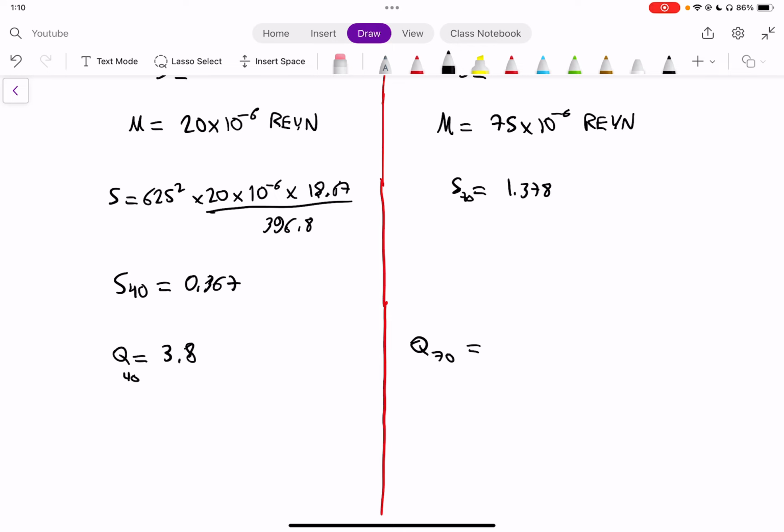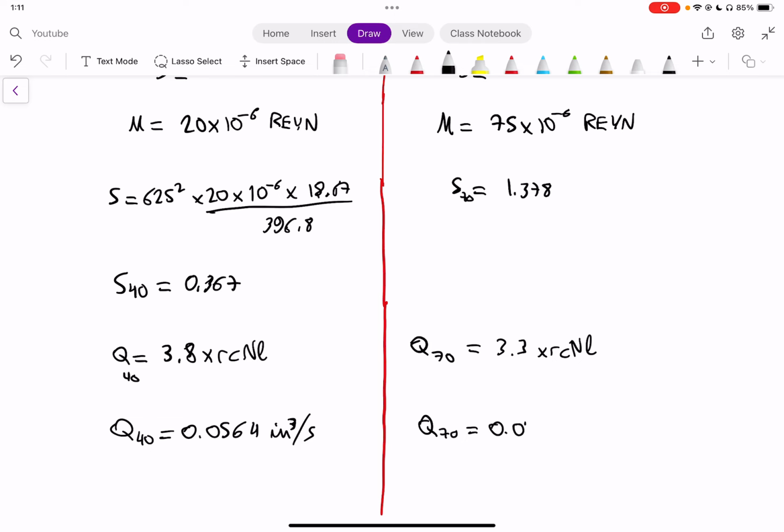And don't forget that that's not the value of Q. We have to multiply by RC and L, and we already have those values. That gives us a Q40 equal to 0.0564 cubic inches per second, and Q70 equal to 0.0481 cubic inches per second.